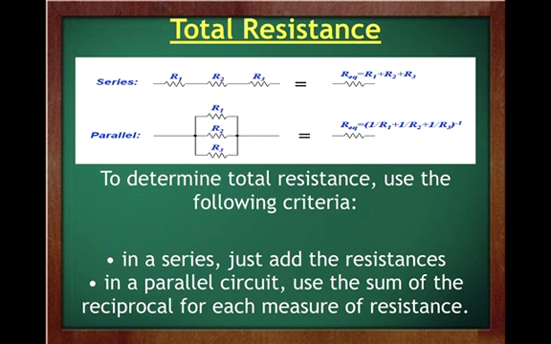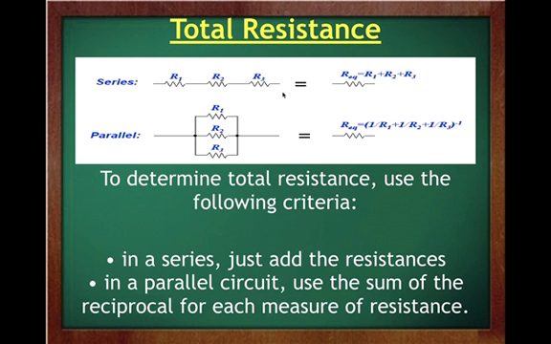So this then brings us to the idea of total resistance, okay? And there's a difference again depending on whether you're in series or in parallel. If your resistors are connected in series, your total resistance is just the sum of all of those resistors, and that's the total resistance in that circuit.